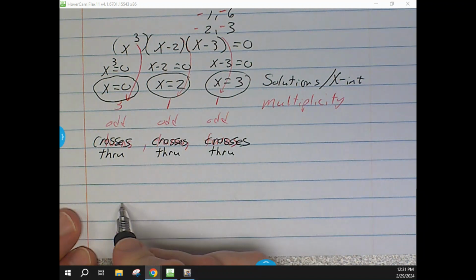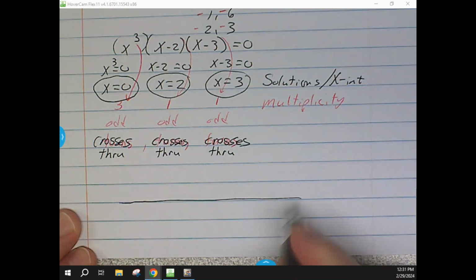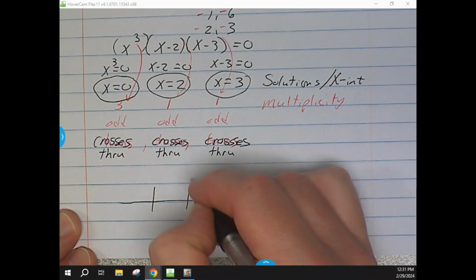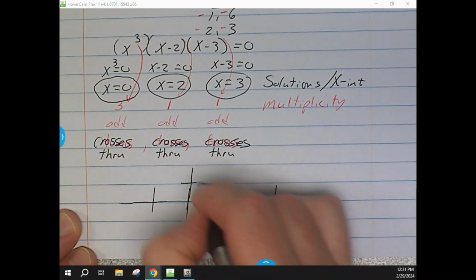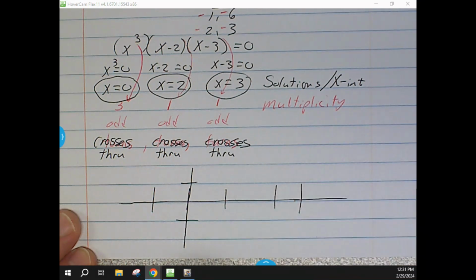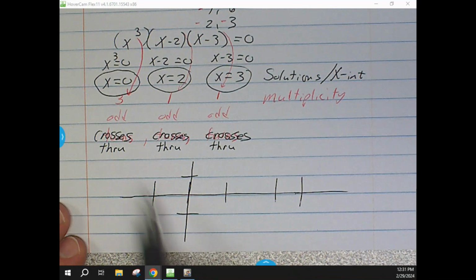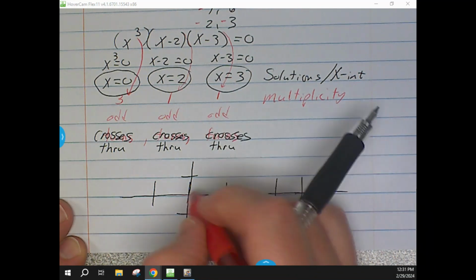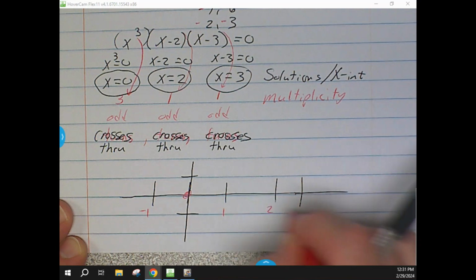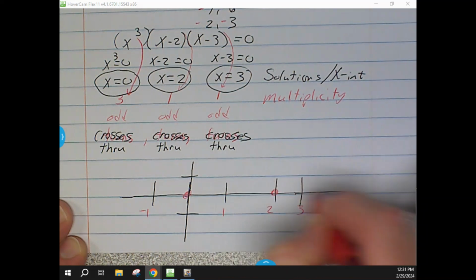Okay. Almost done. Okay, so our solutions were at 0, 2, and 3. So there would be 0, there's 2, and there's 3.